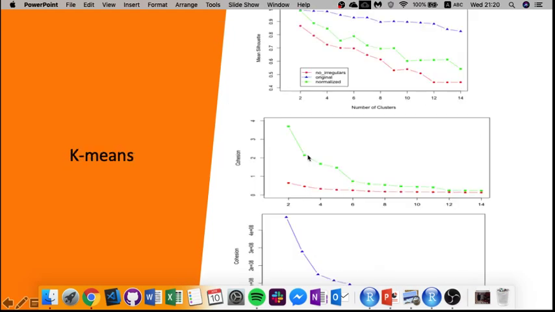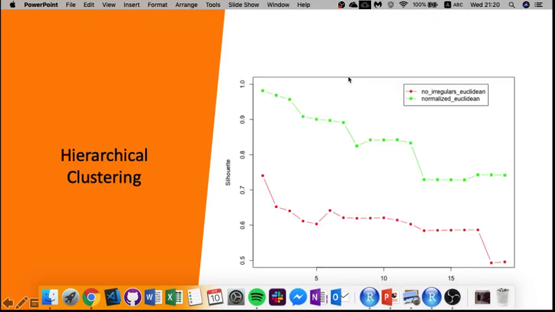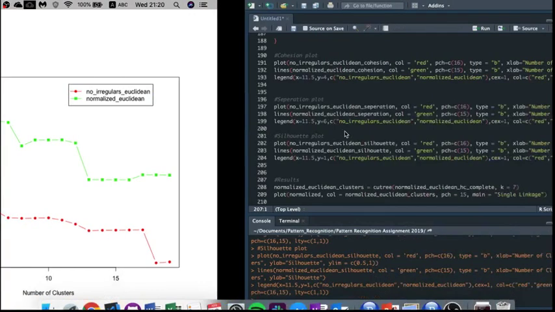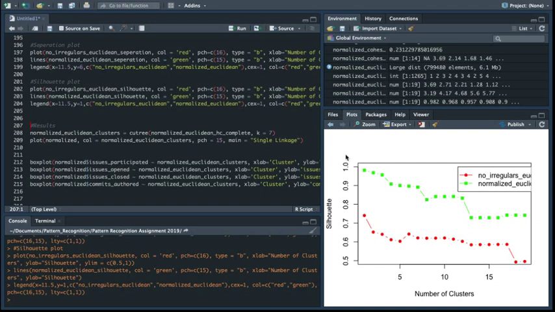At k-means, the silhouette value at 6 clusters was 0.8. So the best algorithm to use for these data sets to make as many clusters as you can is hierarchical clustering, and that's what we did. So we took 7 clusters.